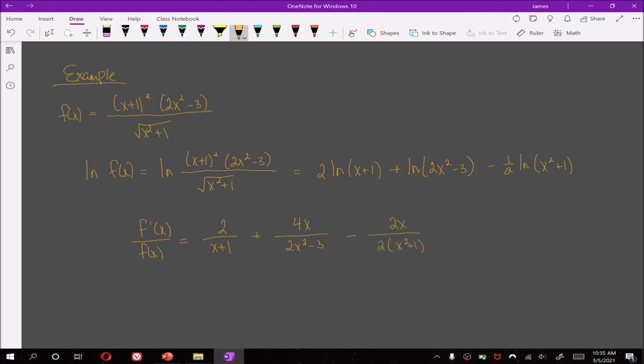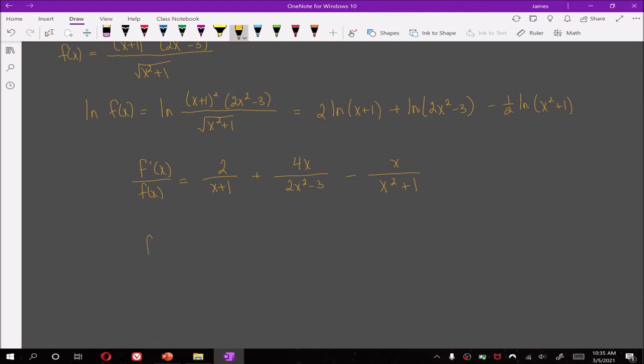But of course, those 2's will cancel out, and so we can actually just write that as x over x squared plus 1. This would mean that f prime of x is equal to f of x times that entire thing.